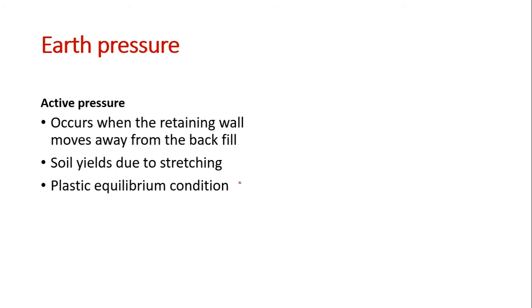We call that the active pressure. In this active pressure the soil yields due to stretching, and a plastic equilibrium condition takes place. In the failure due to the active pressure, the failure wedge moves downwards.